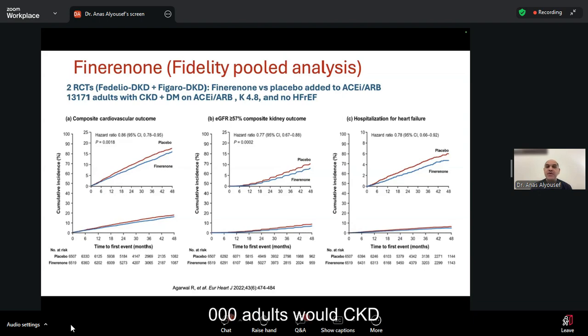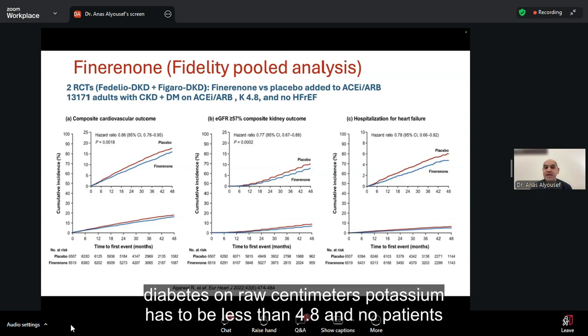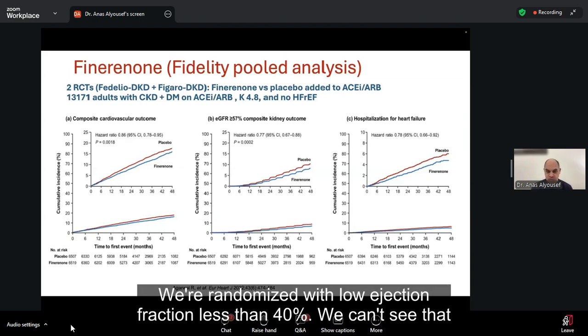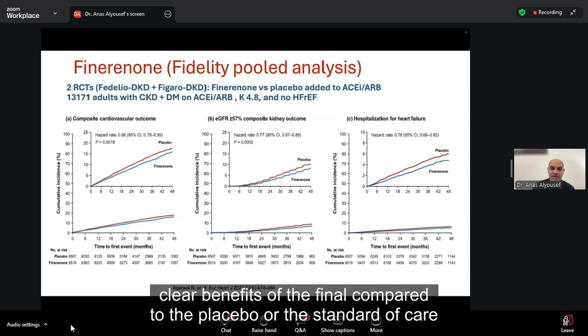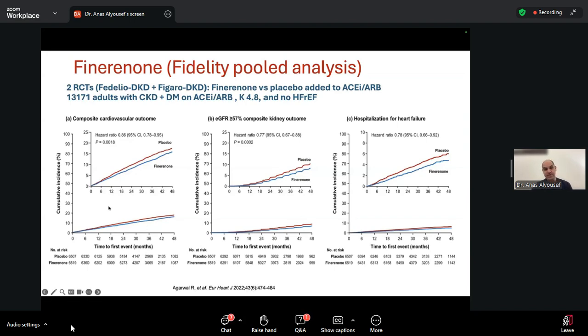So a total of 13,000 adults with CKD and diabetes on RAS inhibitors. Potassium had to be less than 4.8, and no patients were randomized with low ejection fraction less than 40%. We can see a clear benefit of finerenone compared to placebo or the standard of care in terms of cardiovascular outcomes and even renal outcomes.